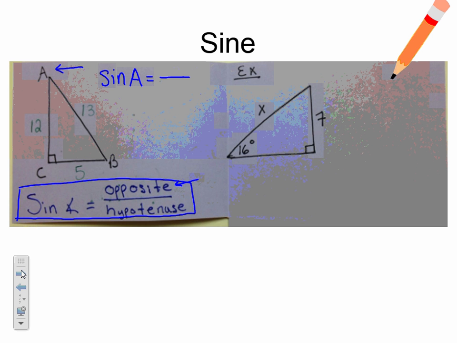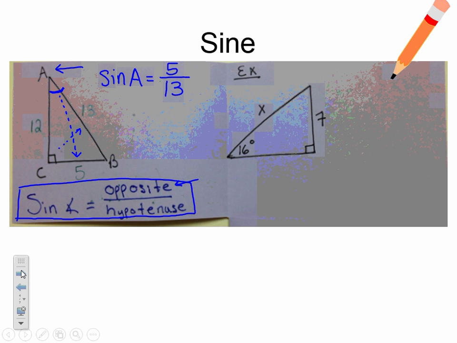So if I look where I'm standing, I'm up here at angle A. Which side would be opposite me? It would be this 5. It's labeled with a 5. So I'll use the 5, that's opposite. And then the bottom part of the ratio or the fraction says hypotenuse. What number would be the hypotenuse in this triangle? That would be 13 because it's across from the 90 degrees and it's the longest side of the triangle. So the sine fraction for angle A is 5 over 13.